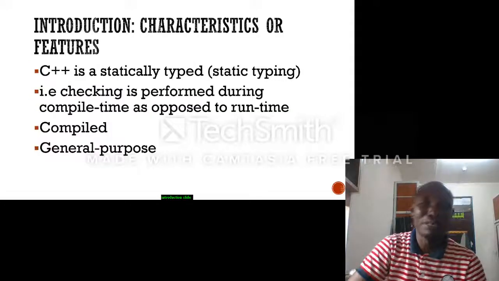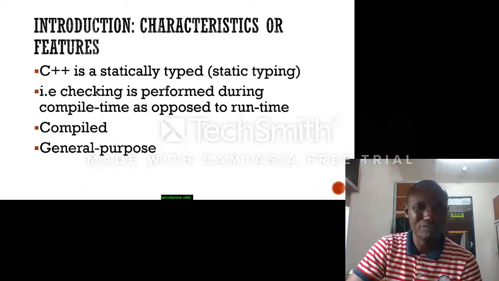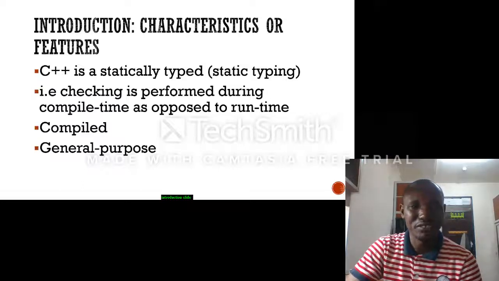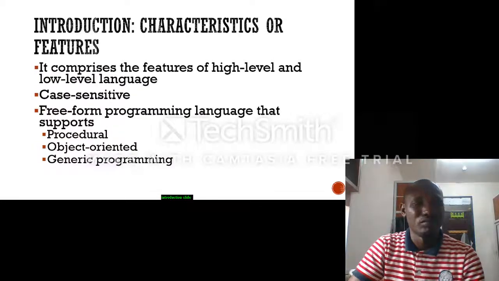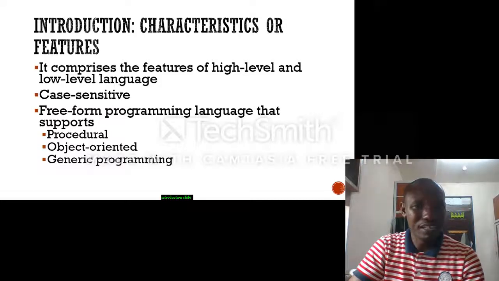Now let's look at the basic characteristics or features of the language we'll be studying. One, C++ is statically typed, meaning that checking is performed during compile time as opposed to run time. And it's a general purpose programming language. You should keep that at the back of your mind. It comprises features of high-level and low-level languages.